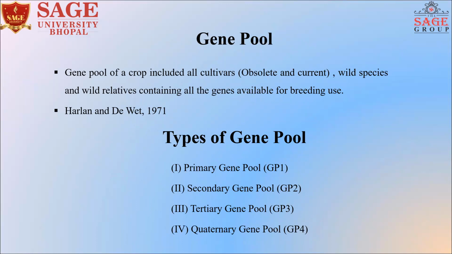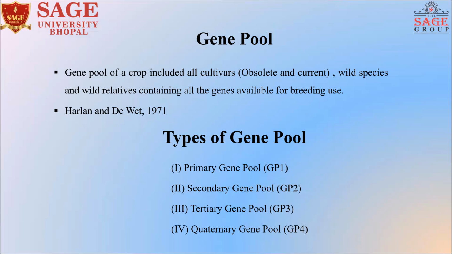It means the gene pool has the total diversity, the total genetic variation of a crop, which includes all the cultivars, which may be obsolete cultivars, wild relatives, or wild species. So it has the sum of all the cultivars which are available for breeding use. That is the gene pool.